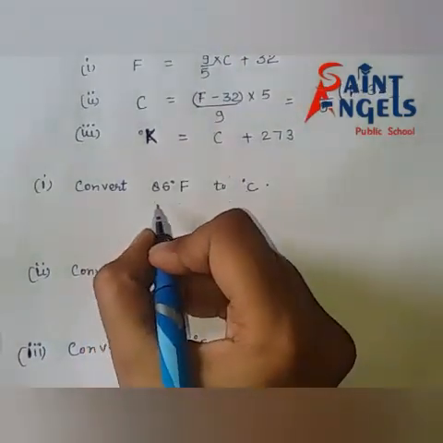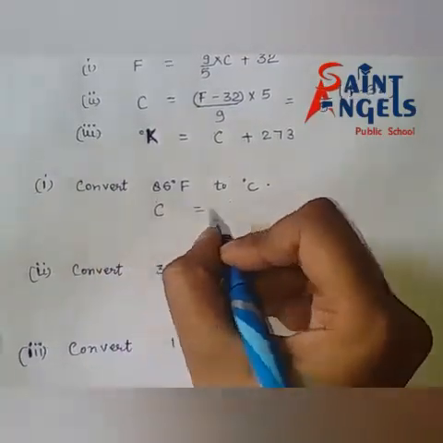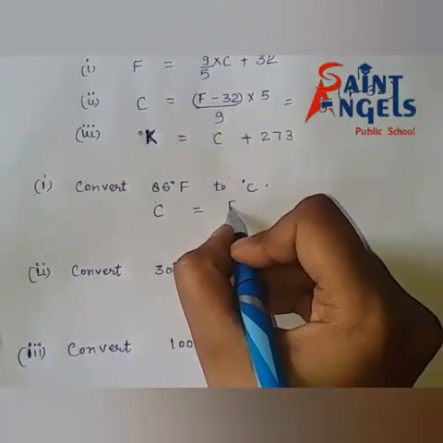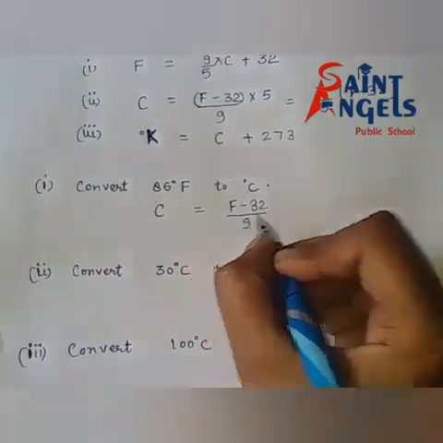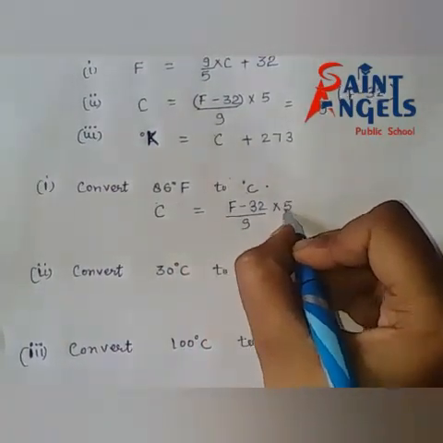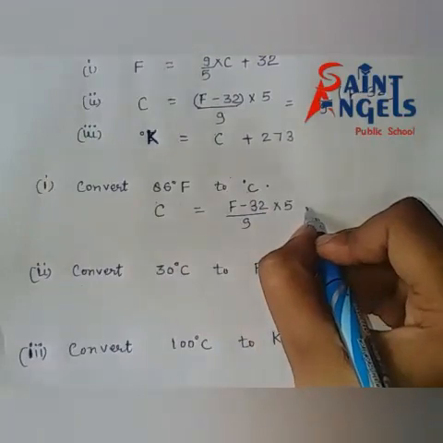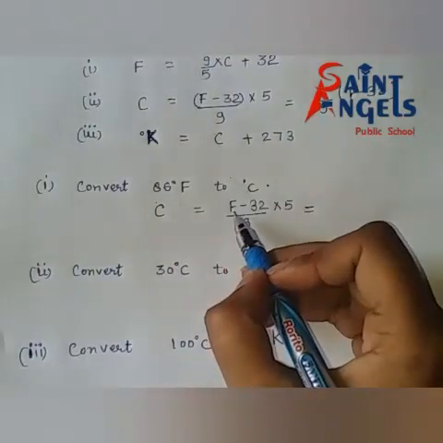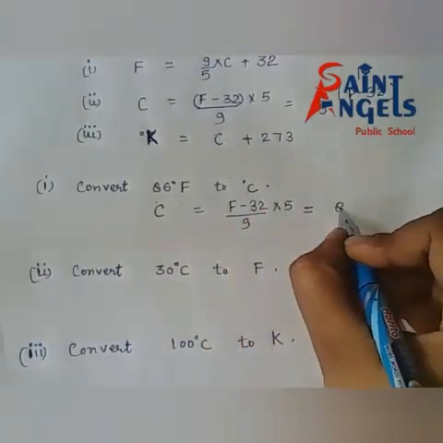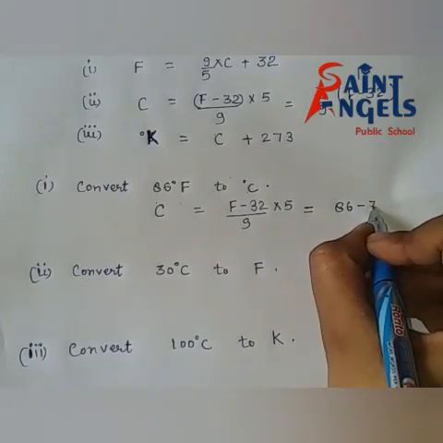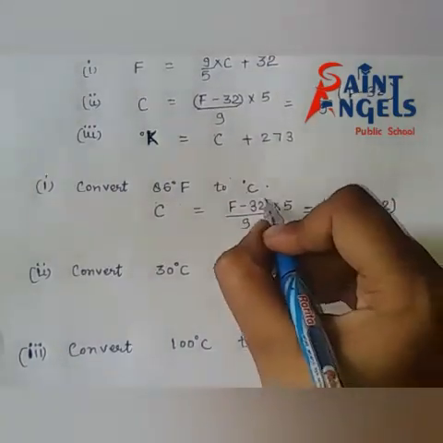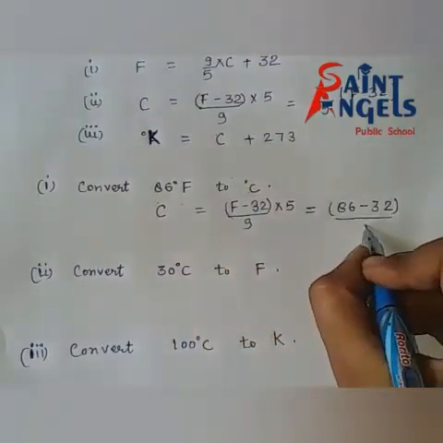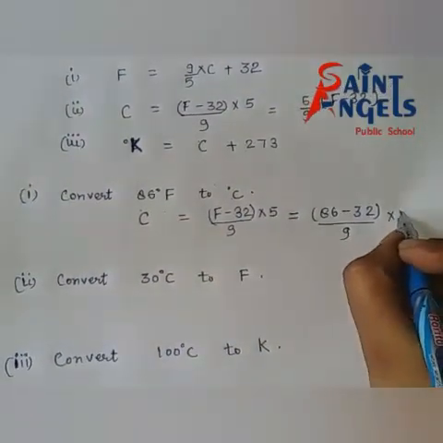Celsius is equal to F minus 32 upon 9 multiplied by 5. What is the value of Fahrenheit? 86 minus 32 upon 9 multiplied by 5.